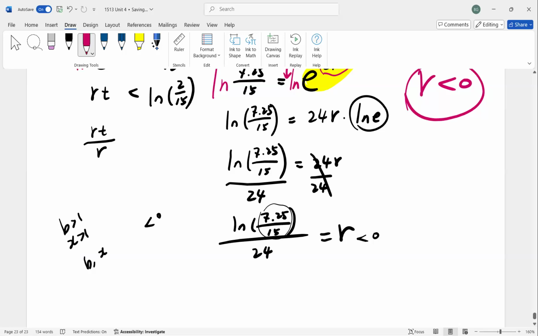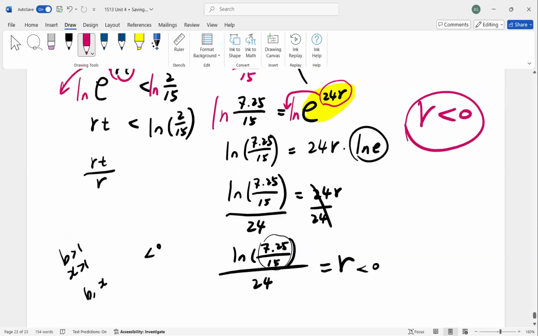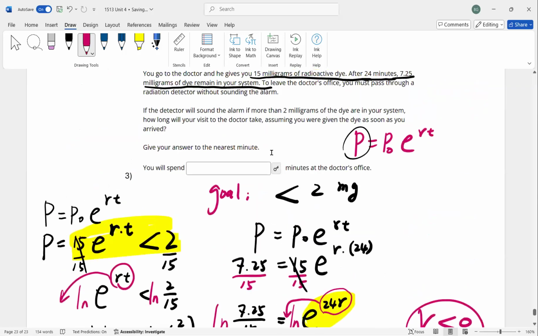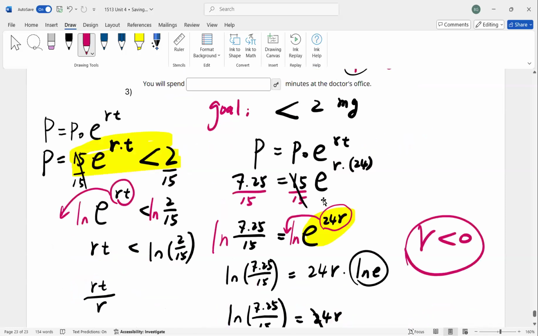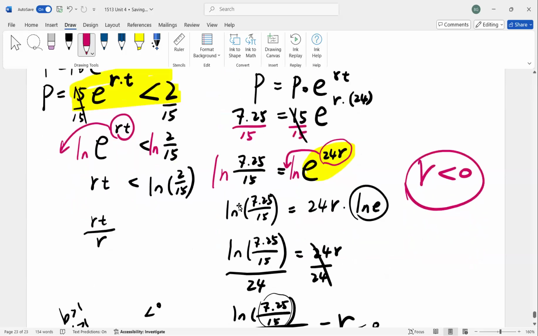The important thing is that it's negative, because this is a decay problem, and the rate is always less than 0. Since to isolate t we need to divide each side by r, a negative number, we need to switch the direction of the inequality symbol.